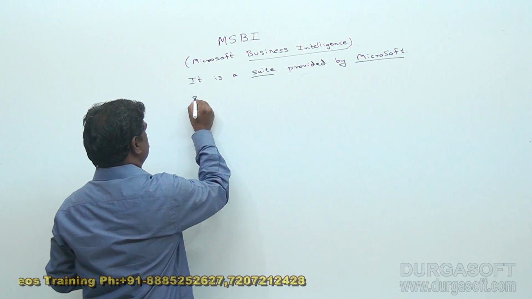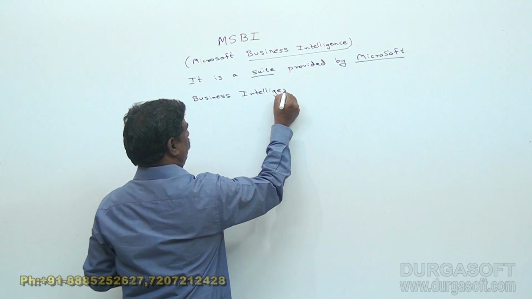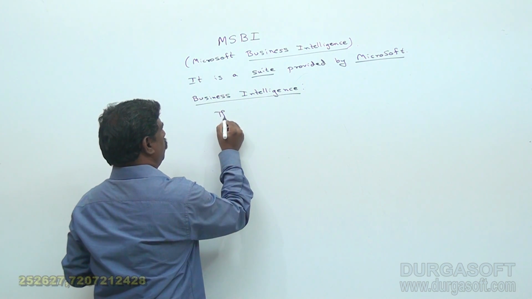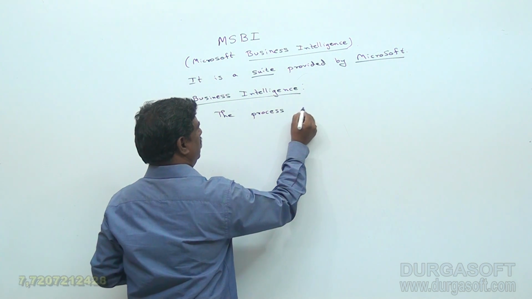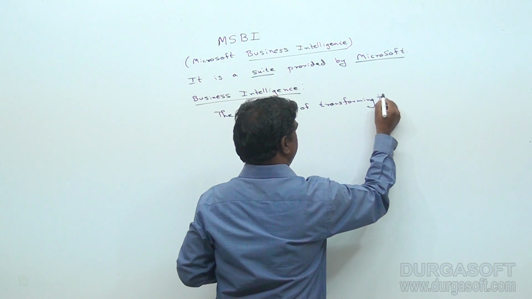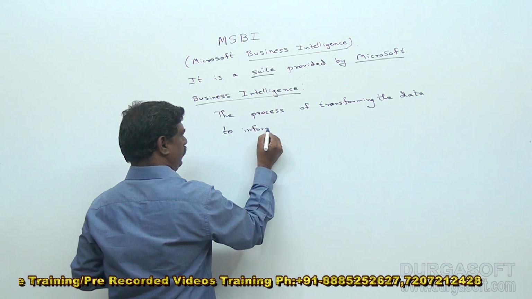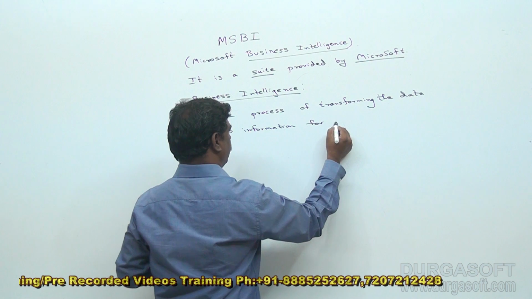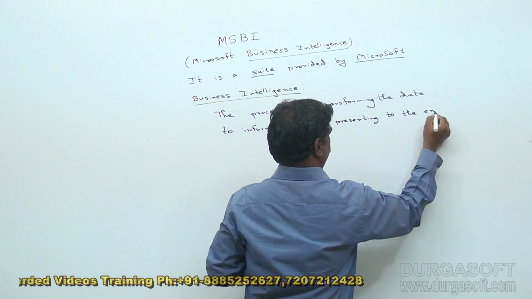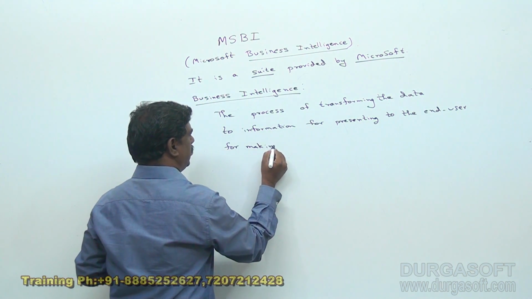What is business intelligence? The process of transforming the data to information for presenting to the end user for making a better decision.